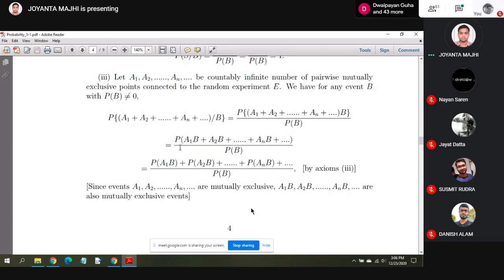This equals probability of A1 intersection B plus probability of A2 intersection B plus a countably infinite number of pairwise mutually exclusive events, by probability of B.